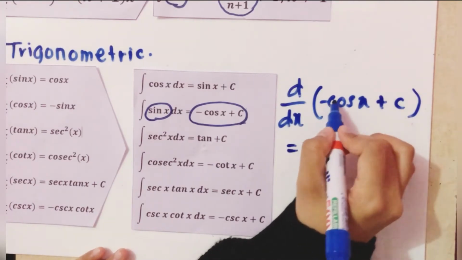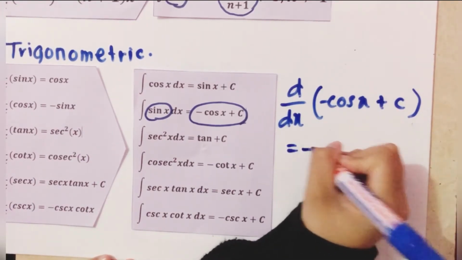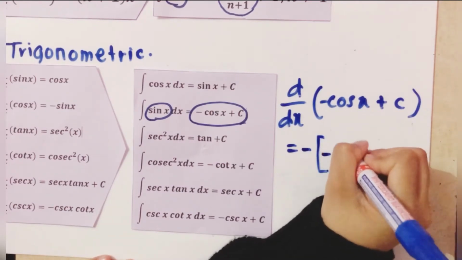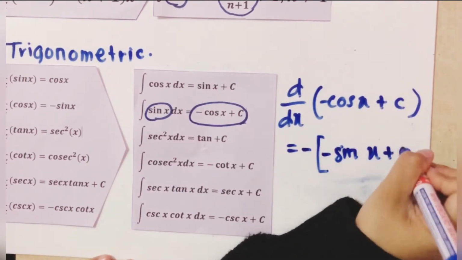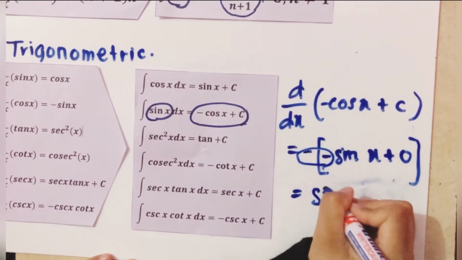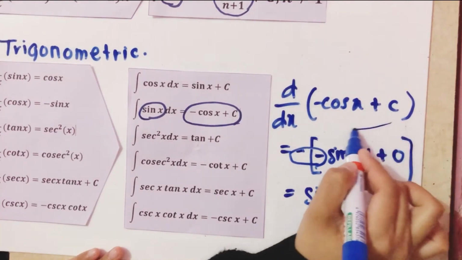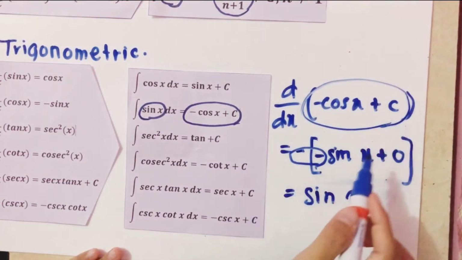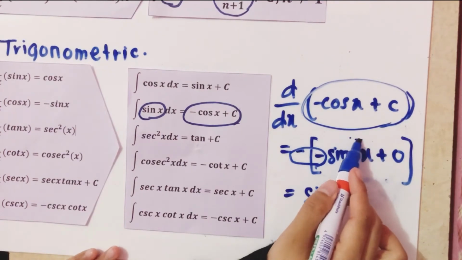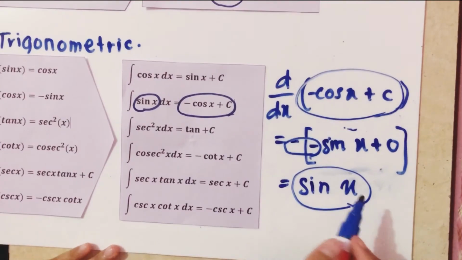If we differentiate negative cos x, we get negative negative sin x plus 0, so we get sin x. This proves that negative cos x plus c is the antiderivative of sin x, where sin x is definitely the integrand.